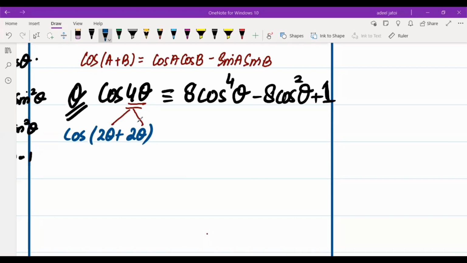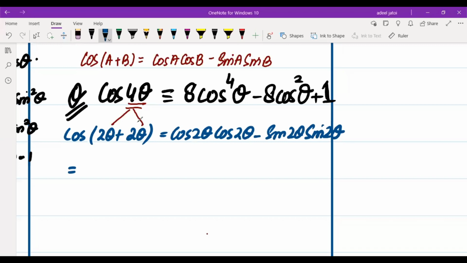So considering the same, we can write down cos 2 theta multiplied by cos 2 theta, whereas since it is minus, sin 2 theta multiplied by sin 2 theta.